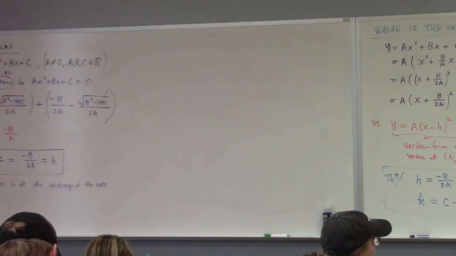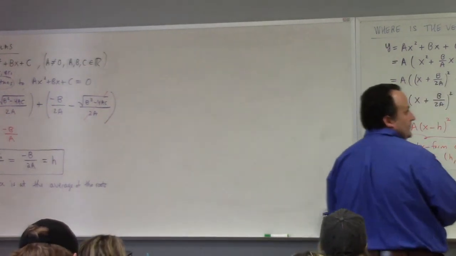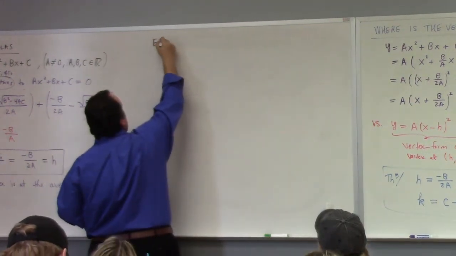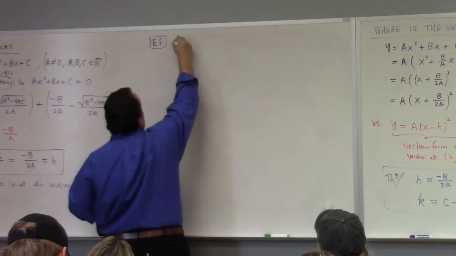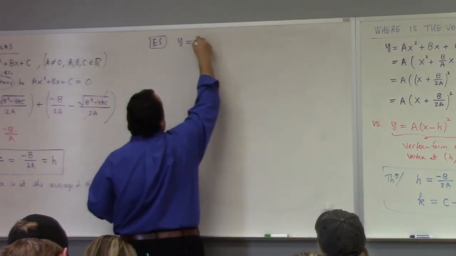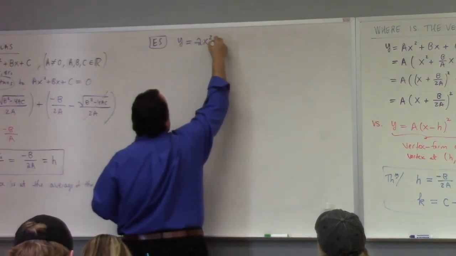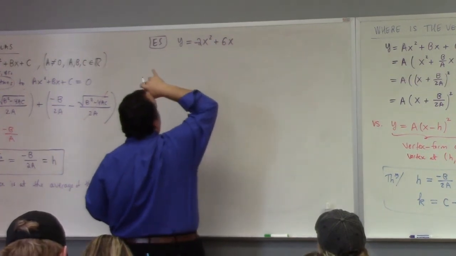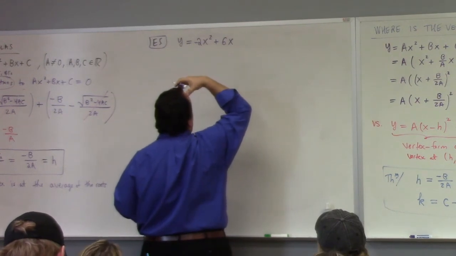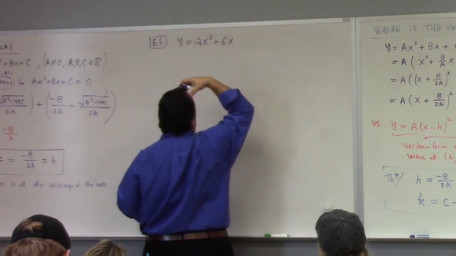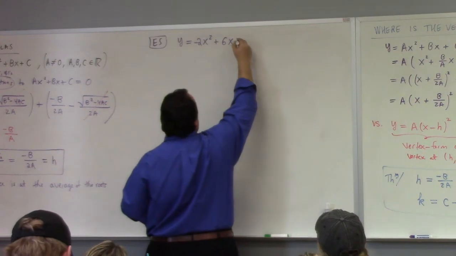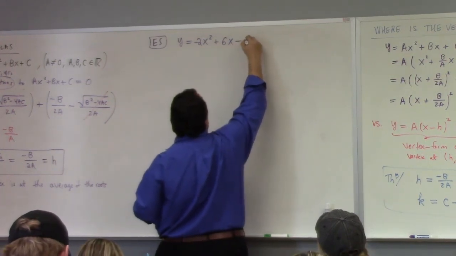So here's one. Example 5, I suppose. So let's look at y equals minus 2x squared plus 6x. Minus maybe, I think if I do minus 10, that'll do it.